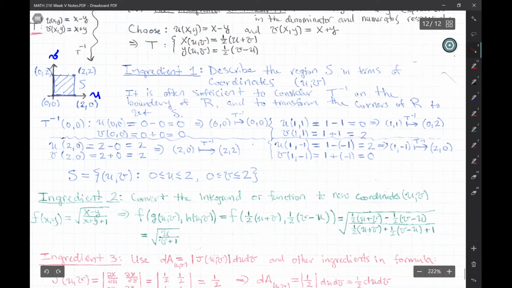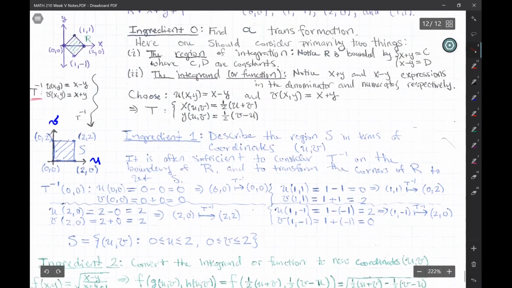And so wherever we see an x in our function, we're going to plug in 1/2 (u plus v). Wherever we see a y, we will plug in 1/2 (v minus u). That's what we would get if we plugged in these expressions for x and y, and when we simplify, we get the square root of u over v plus 1.